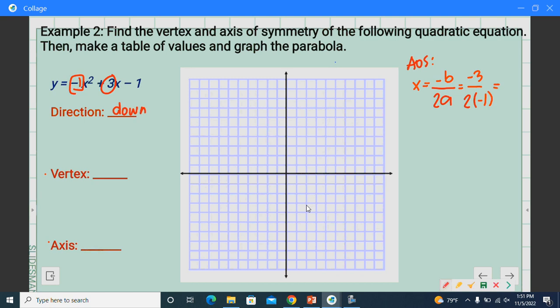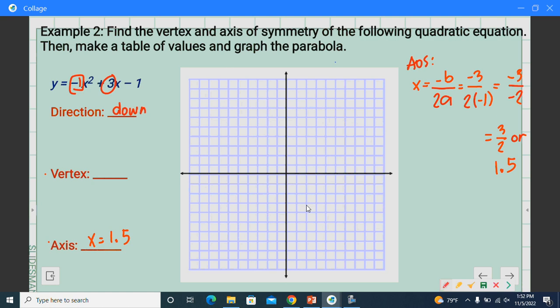So look at here, that becomes negative 3 over negative 2. That would give us positive 3 over 2, or 1.5. So our axis of symmetry is 1.5, right?